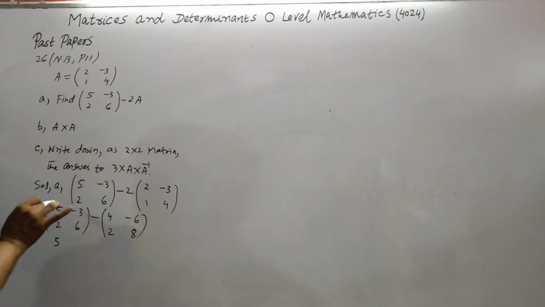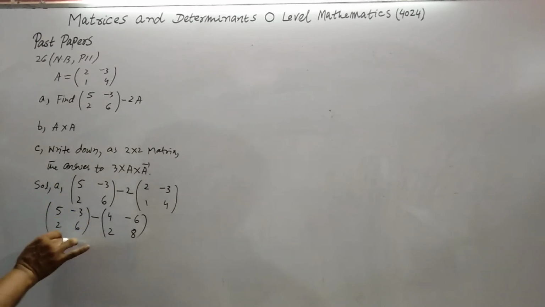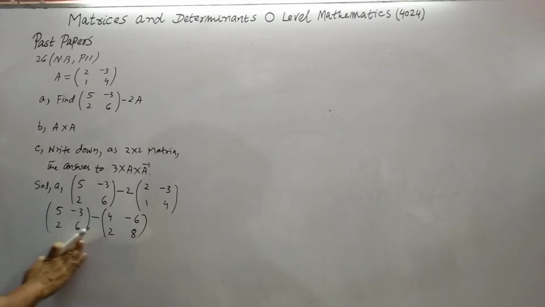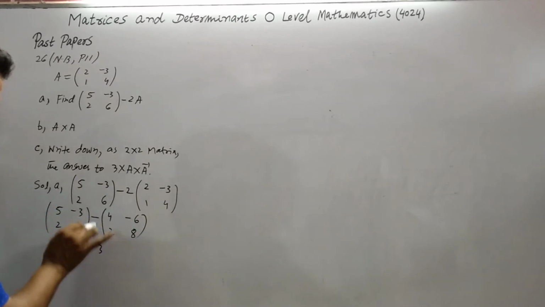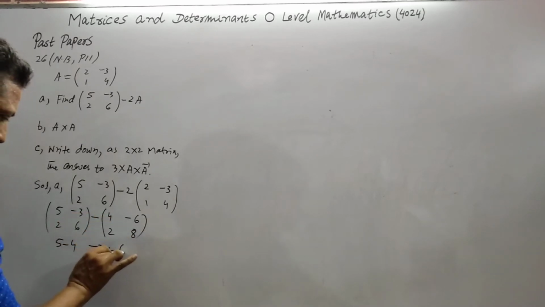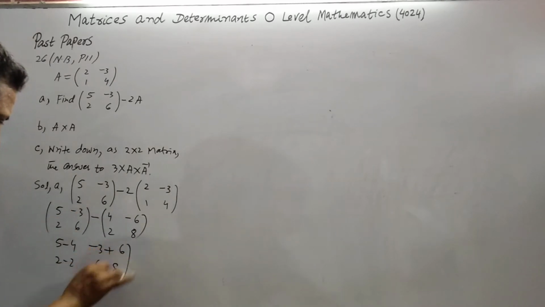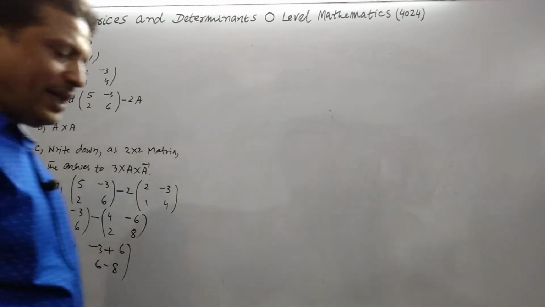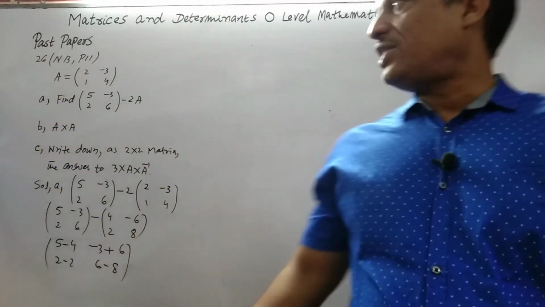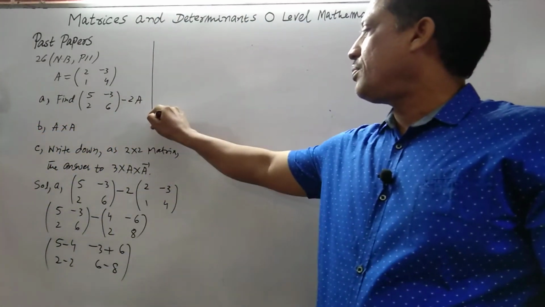Now subtract corresponding elements. 5 minus 4, 2 minus 2, minus 3 minus minus 6, 6 minus 8. I hope you understand the meaning of corresponding subtraction.